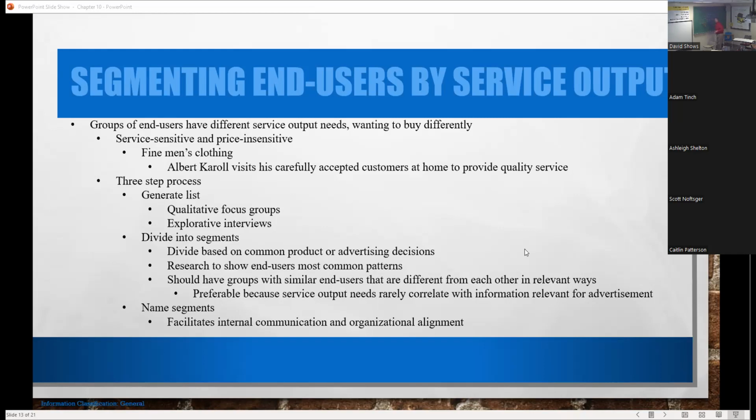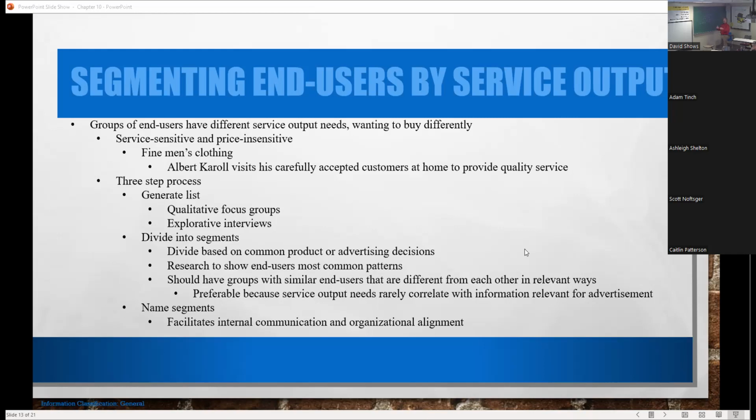Now, in dividing them into segments, we look at them based upon their advertising decisions. We look at the products that they buy, and we look for their patterns. This is the same way of doing market segmentation in consumer research. We try to look at those that are different from each other and common with each other.